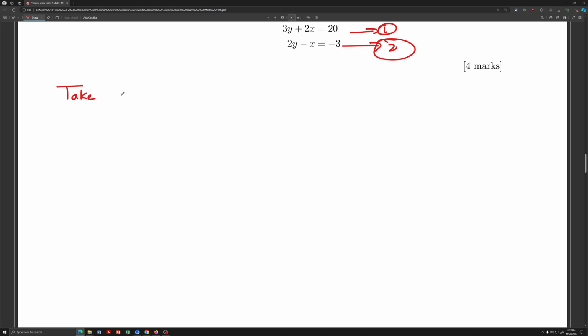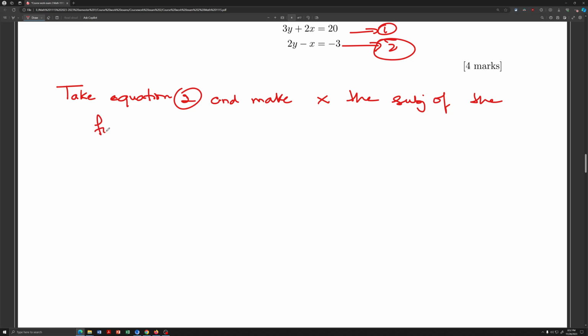So I'm saying take equation 2, and make x the subject of the formula.